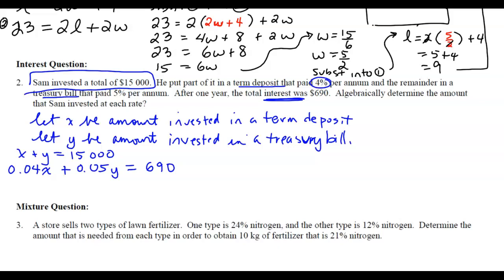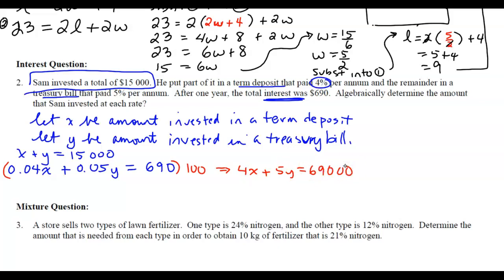So you could multiply. Maybe this one I'll do elimination. You can use substitution, totally up to you. But if I multiply this by 100, then I'm going to get 4X plus 5Y equals 69,000, right? Because I'm adding 2 zeros to that.